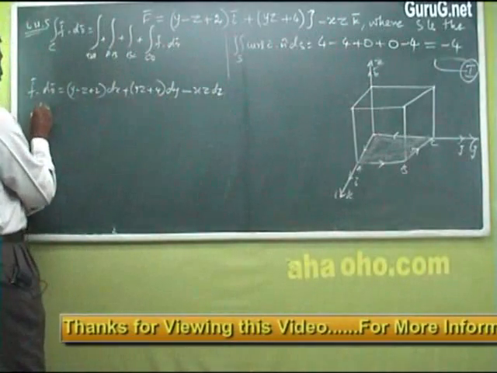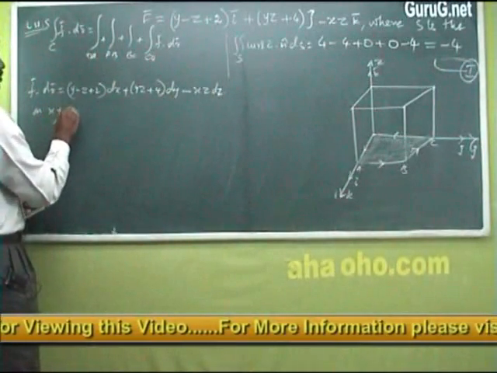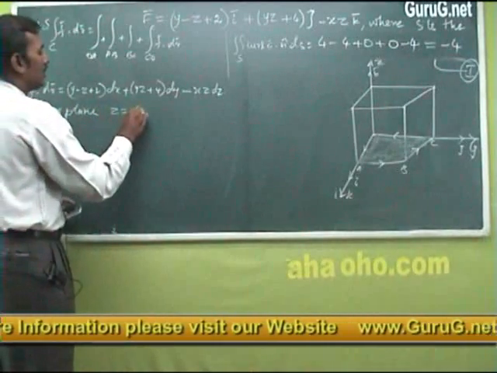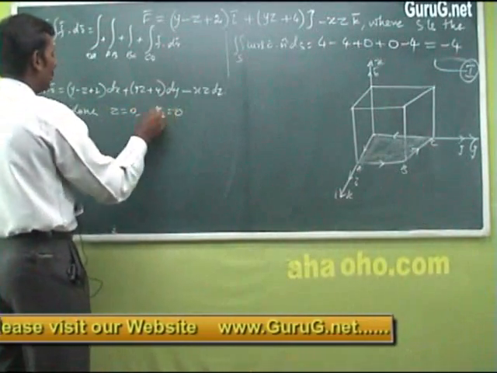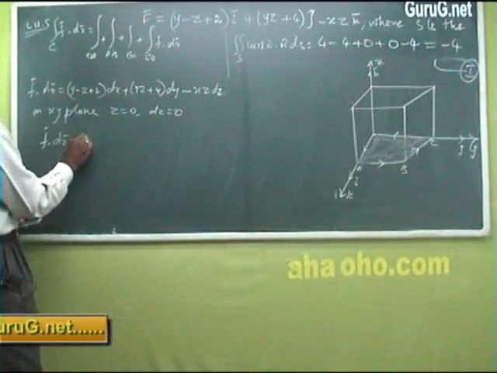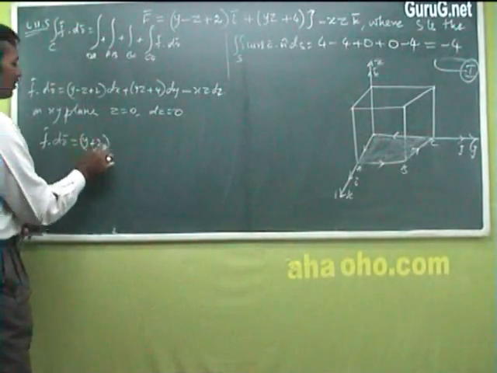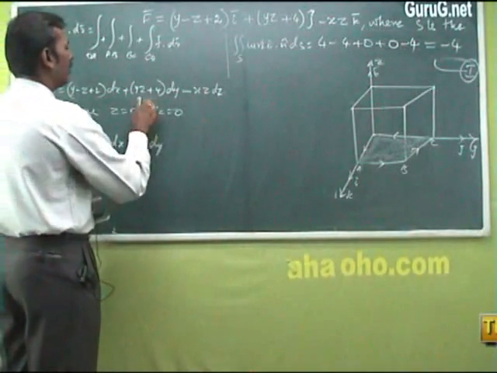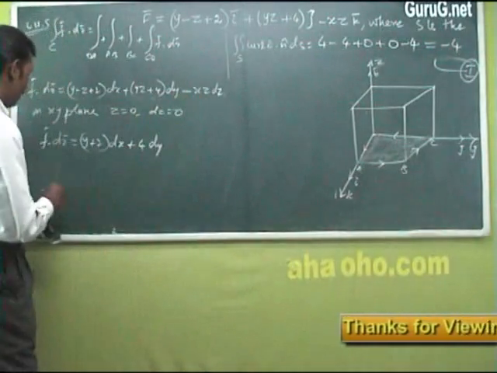So on the xy plane, z equal to 0 and dz equal to 0. So we make it F dot dr equal to (y plus 2) into dx plus 4 dy.